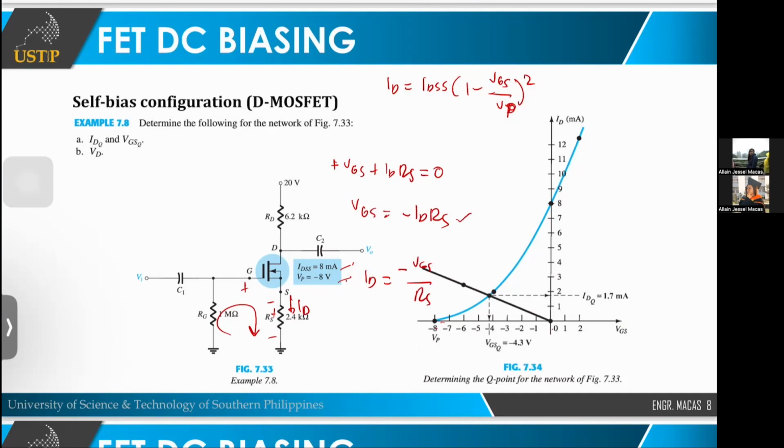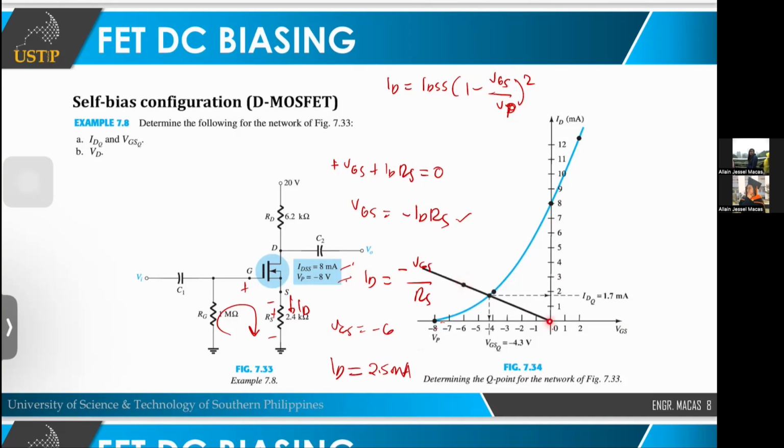So, they assumed a value of negative 6. With your RS of 2.4 kilo ohms, you get, I think, 2.5 milliamperes. Once they got 2.5 milliamperes, they plotted it here.